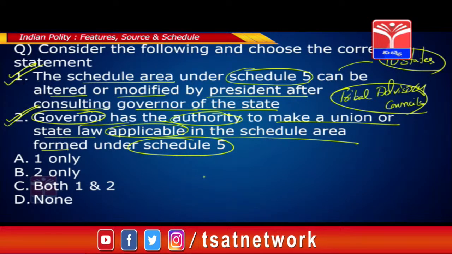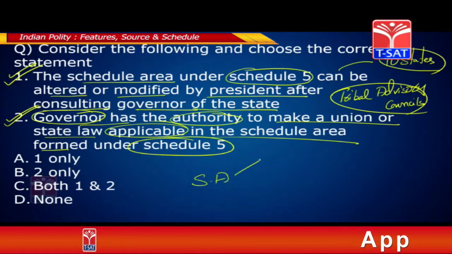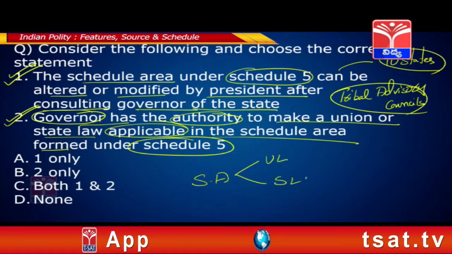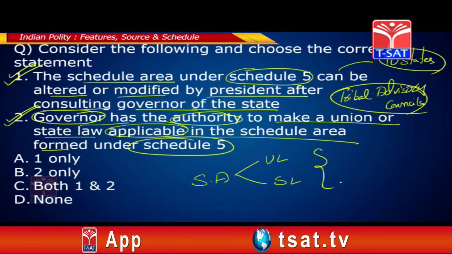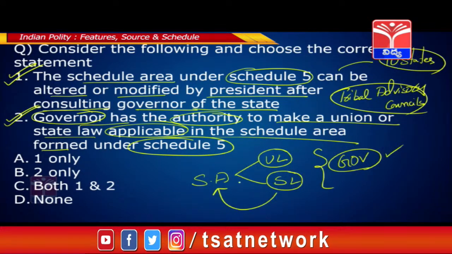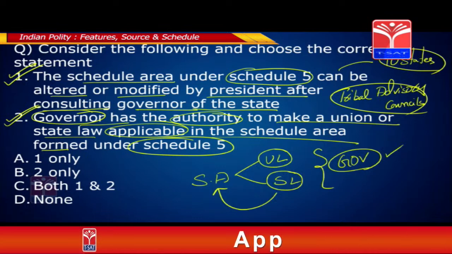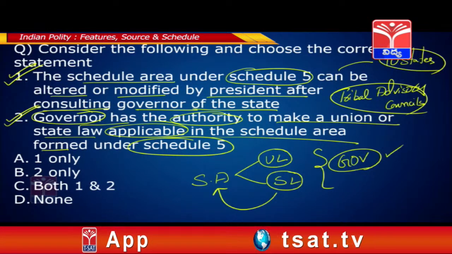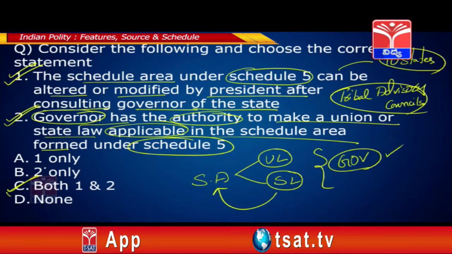In schedule area, union laws or state laws are not directly applicable. Governor has the authority to make a union law or a state law applicable in the schedule area. In fact, Governor also has the authority to modify a state law or a union law before it is applied in the schedule area. Answer is C. Next question, friends.